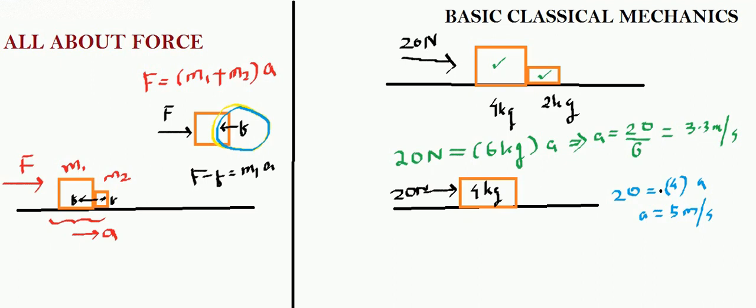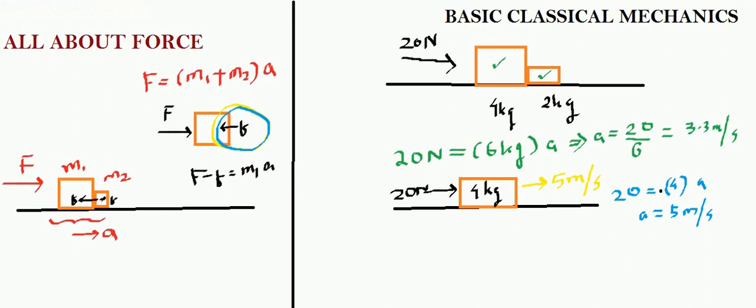So one thing you see clearly. Here the 20 Newton is acting on the first block. Agreed? The same as the 20 Newton here was acting on the first block. But when there is no second block, this 4 kg block had the power to move with an acceleration of 5 meter per second square.